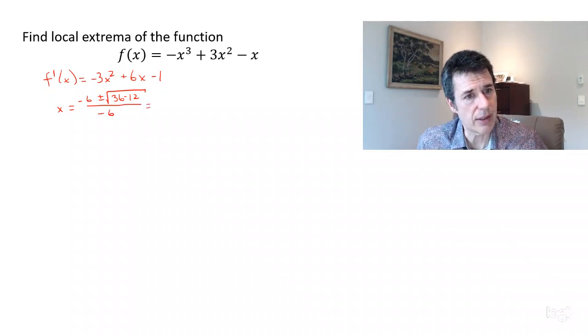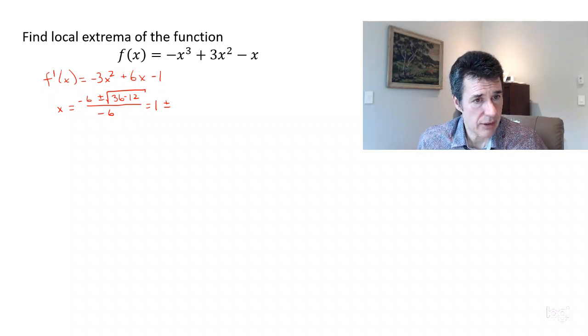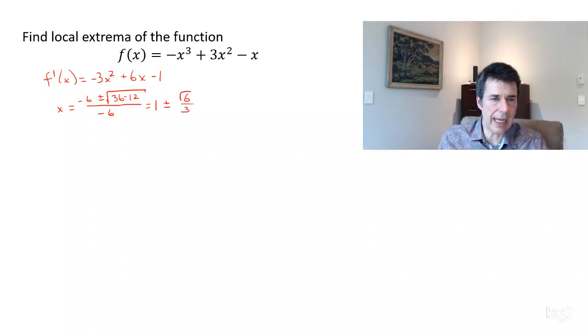So that is 1 plus or minus the square root of 24. We can factor out a 4 from that, and so we get 2 root 6 over 6, which will be root 6 over 3.